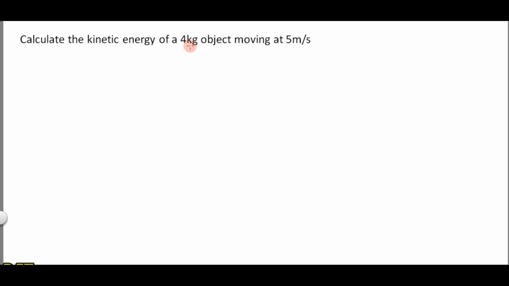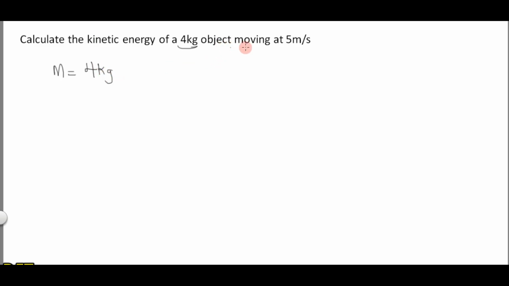Calculate the kinetic energy of a 4 kg object moving at 5 meters per second. The first thing I would want to do here is to bring out the parameters. The 4 kg object tells us that the mass of the body is 4 kg.